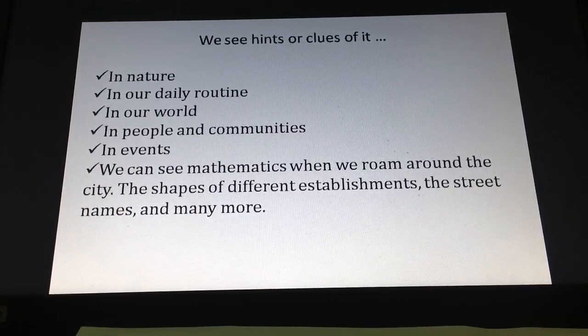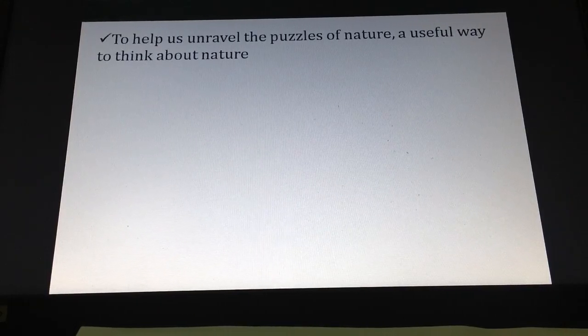So, lahat, kahit saan tayo lumingon, makakakita tayo ng clue ng mathematics. So, what is mathematics for? So, mathematics is here to help us unravel the puzzles of nature, or a useful way to think about nature.